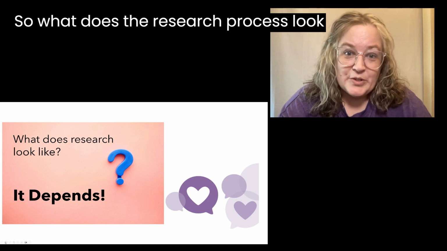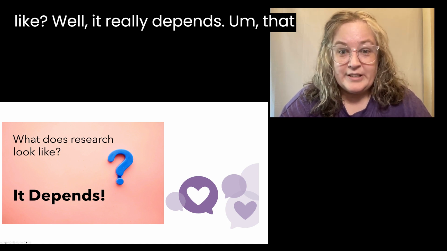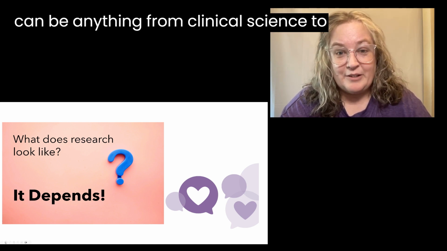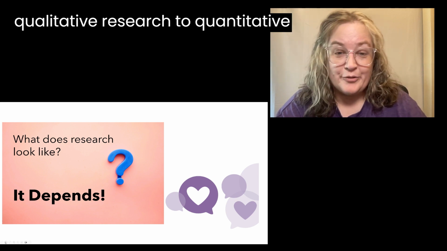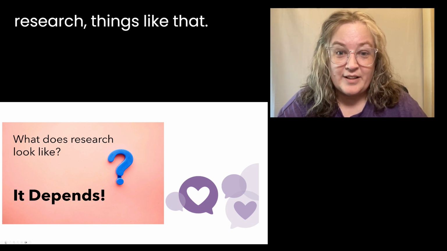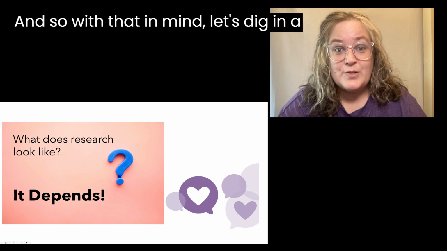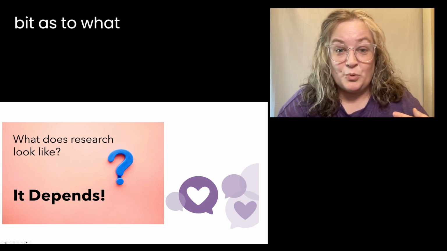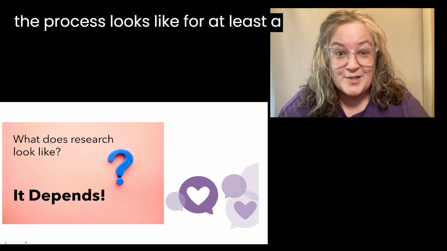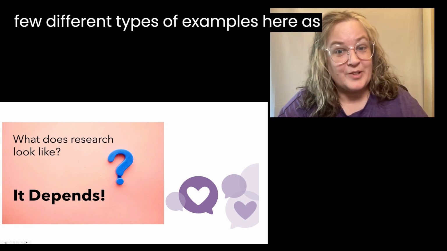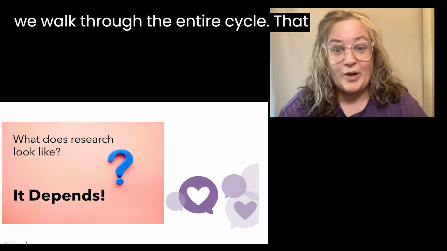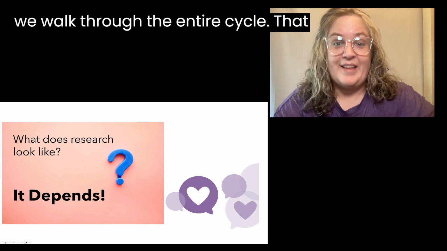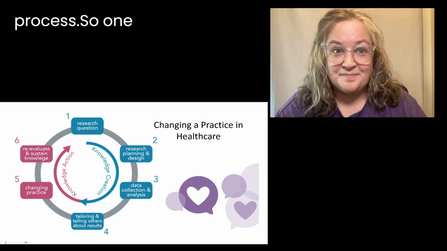So what does the research process look like? Well, it really depends. That can be anything from clinical science to qualitative research to quantitative research. With that in mind, let's dig into what the process looks like for a few different examples as we walk through the entire cycle that is the research process.